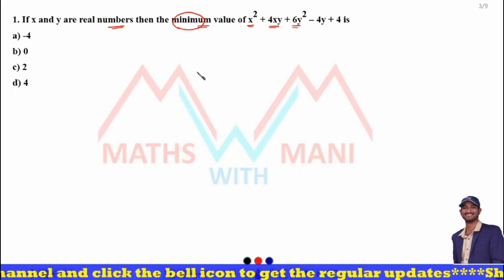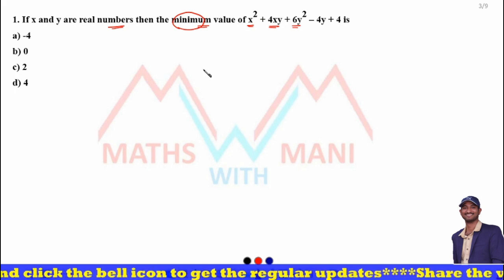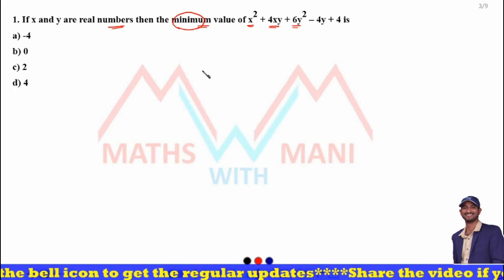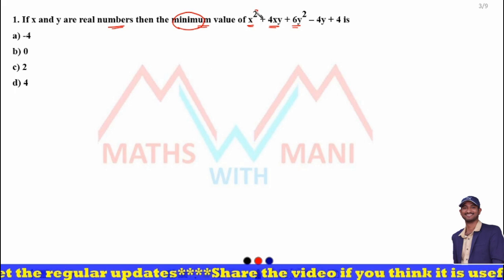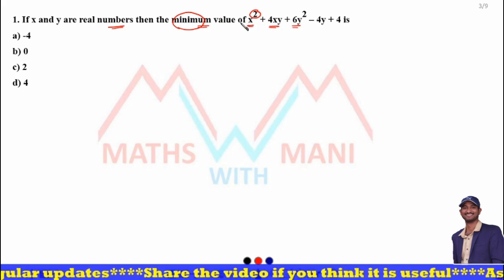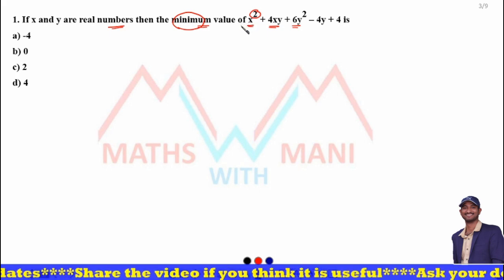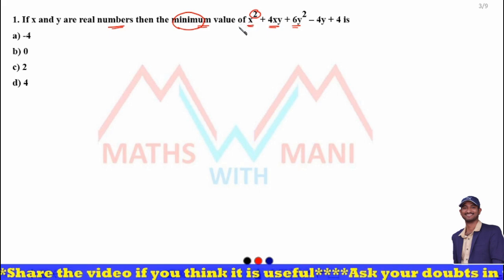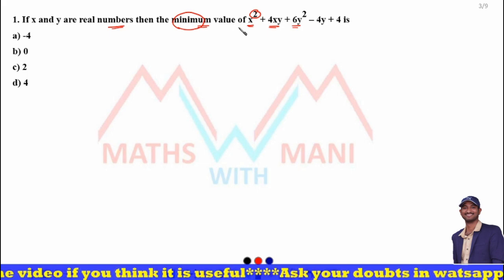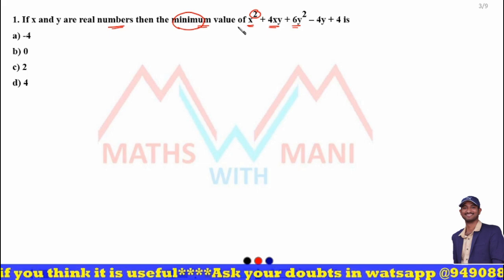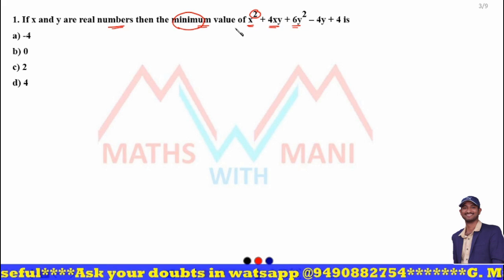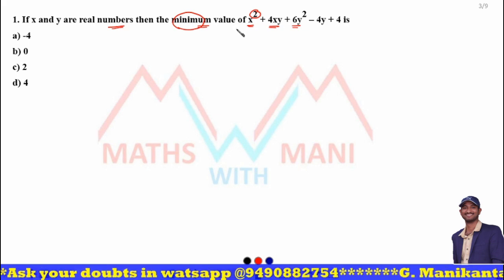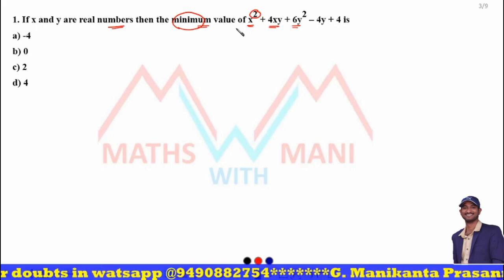Basically, if you have only a single variable x or only one variable y, and since the degree is 2, this quadratic expression has the minimum or maximum value at x is equal to minus b by 2a, and the minimum or maximum value is 4ac minus b square by 4a. That we already learned in quadratic equations or expressions.